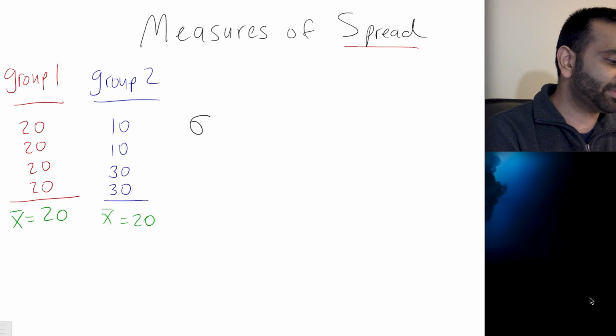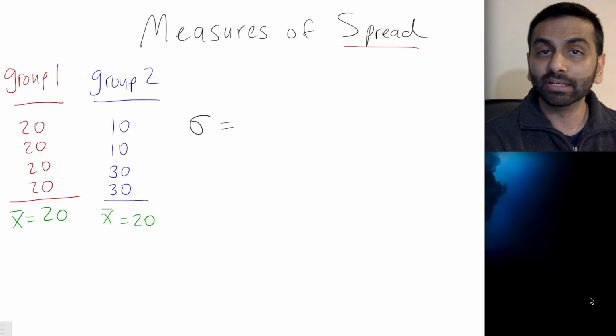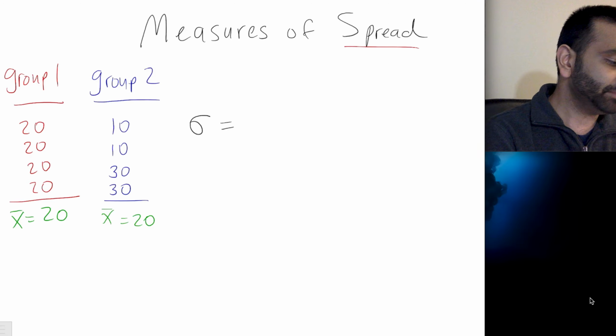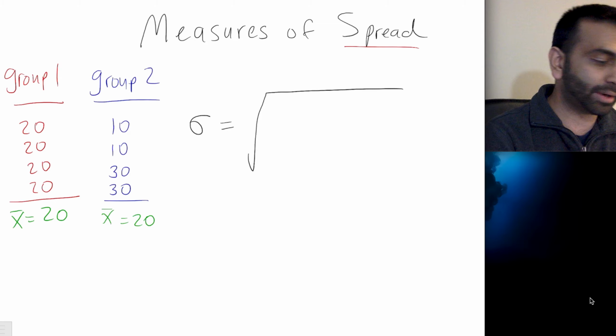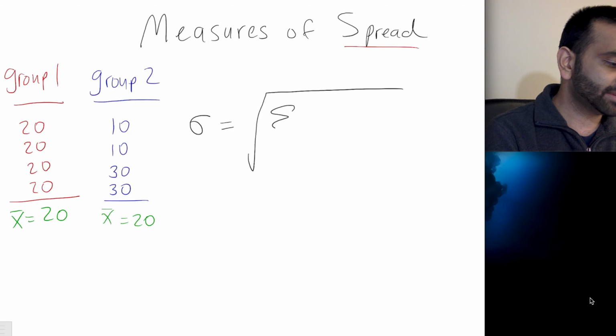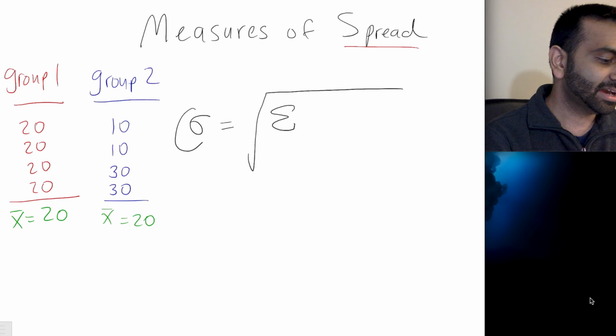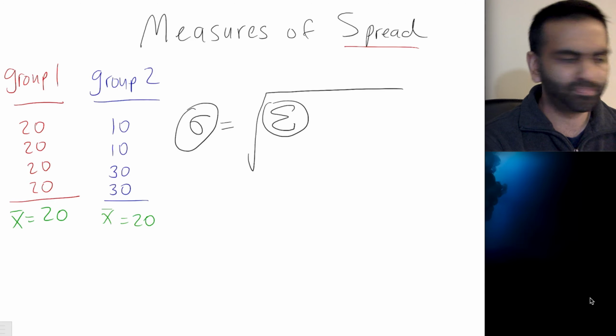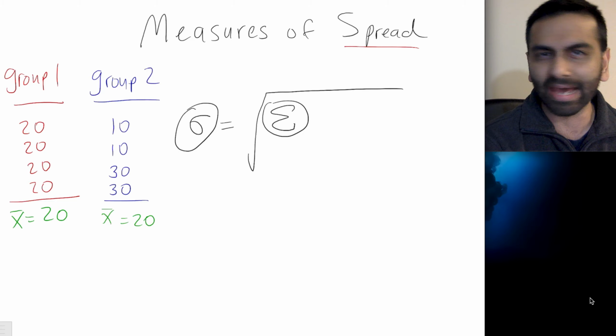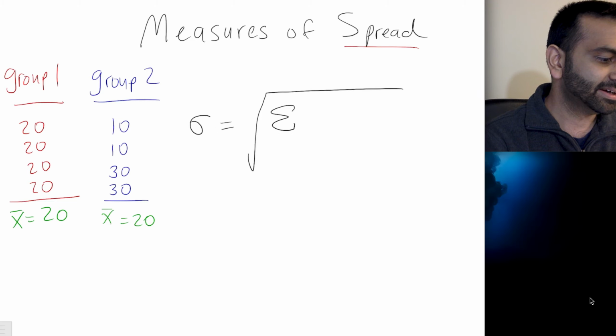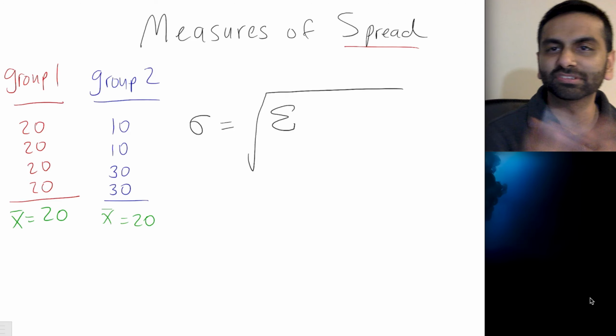The formula for the standard deviation for your sample is this, and for your population is this. It's a square root of a sigma. It can be confusing because they're both pronounced sigma. They're both the Greek letter for S; this one is uppercase, a capital S, and this is a lowercase s, but they're both still sigma.